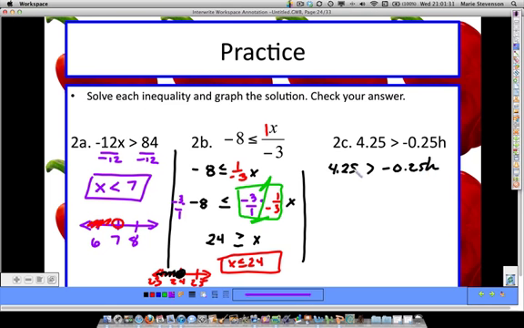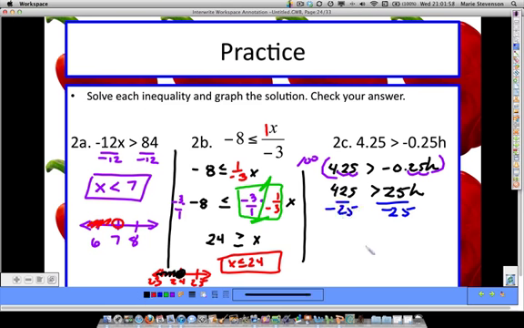So in this case, they both have hundredths place, so we're going to multiply the whole thing by 100. So that means this moves 2 times. So we're going to get, let's see, 425 is greater than negative 25h, right?